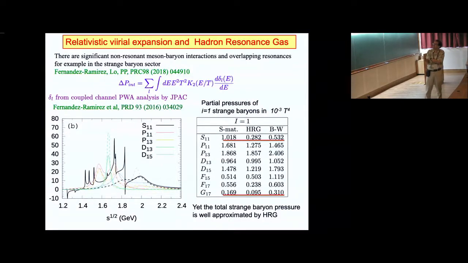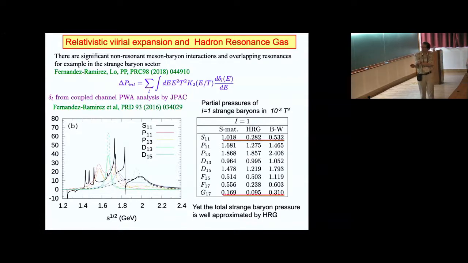to the pressure. Now this quantity here, the derivative of the phase shift with respect to E, is the spectral density of your states. And here I show the spectral density for several partial waves that are relevant for strange baryon-meson interactions. And you see it's getting very complicated, and it's not obvious at all if you can just approximate it with a delta function or a Breit-Wigner.